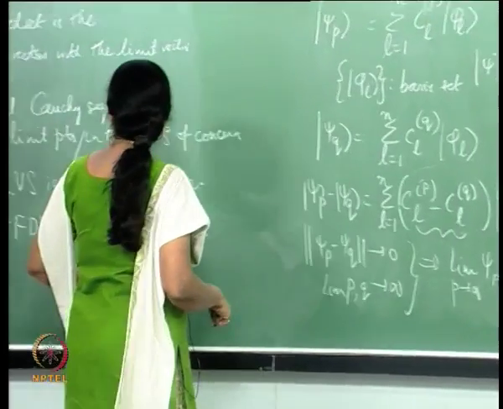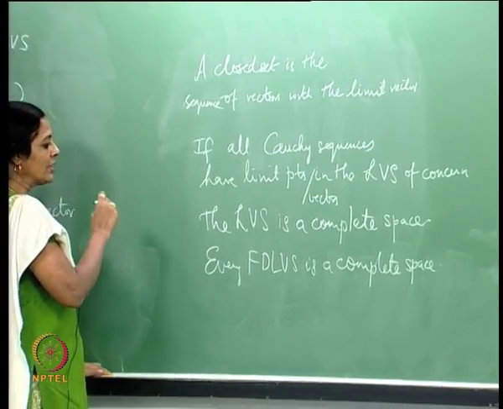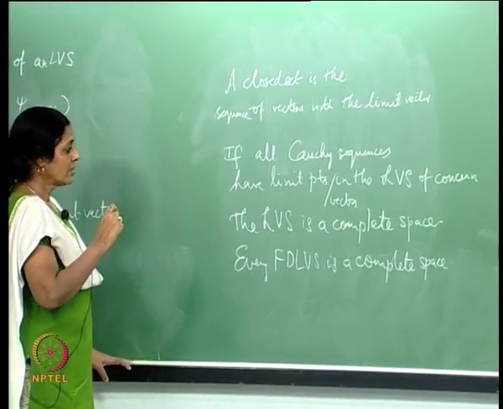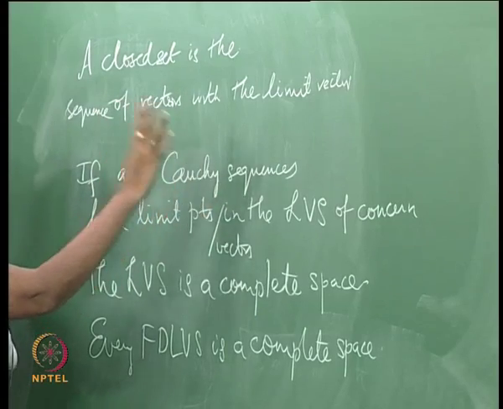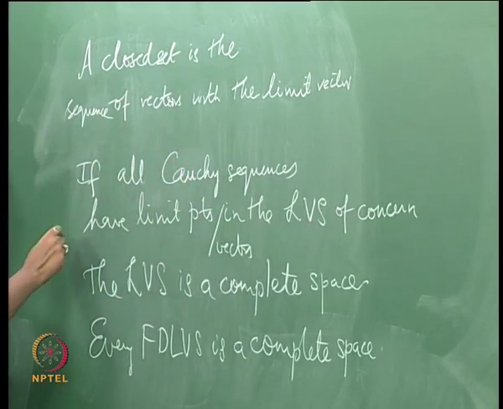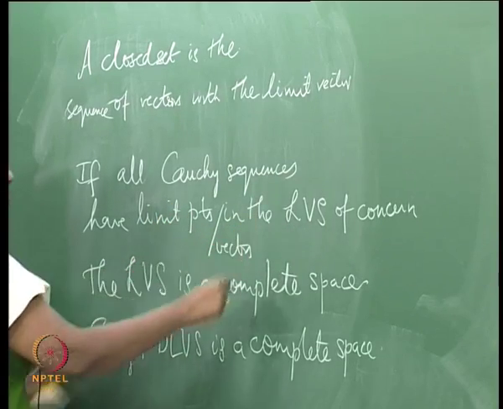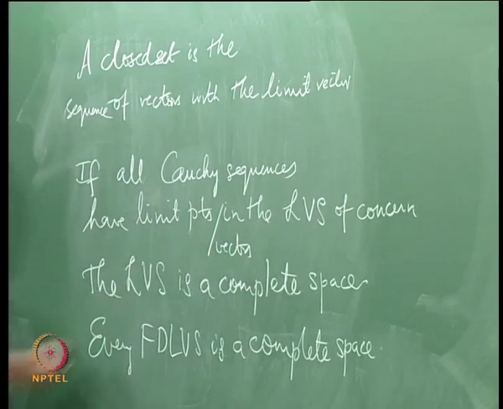But in an infinite dimensional linear vector space, I have to impose that as an extra condition. In the sense, I only look at spaces where all Cauchy sequences are guaranteed to have limiting vectors or limit points in the linear vector space of concern. And then this is called a complete space.